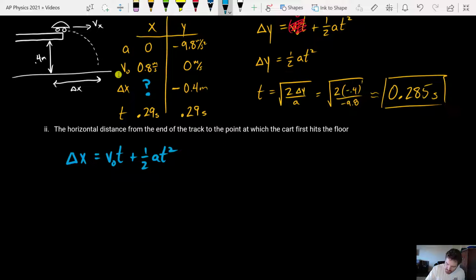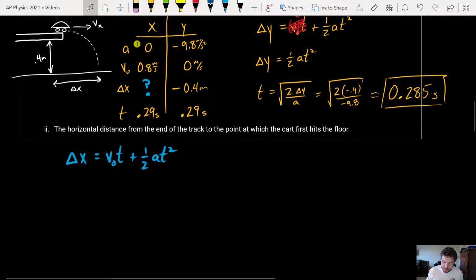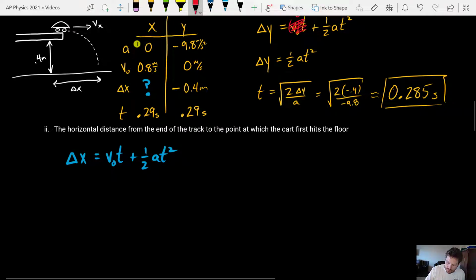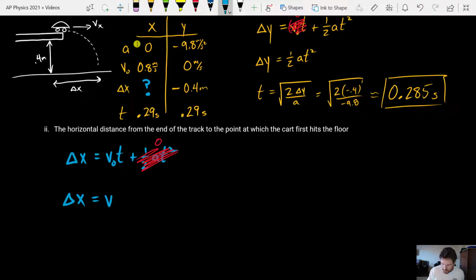Now, if acceleration in the x direction is equal to 0, then I'm able to get rid of that whole acceleration chunk because it becomes 0. And I'm left with initial velocity times time, which is 0.8 meters per second times 0.29 seconds.